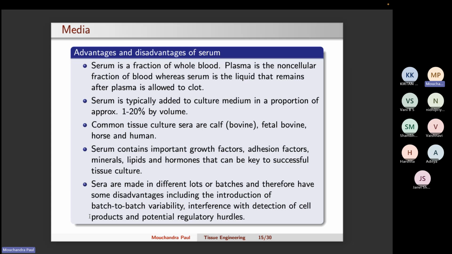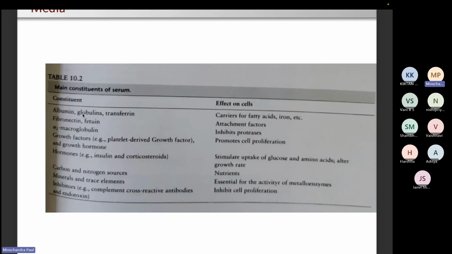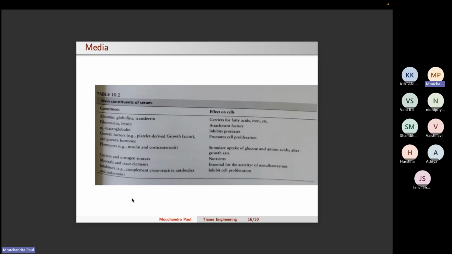So far I haven't observed it, but yes, batch to batch variation will be present from one batch of serum to another. So these are a few of the constituents that are present in the serum. I'll share the slides with you. You can go through them.